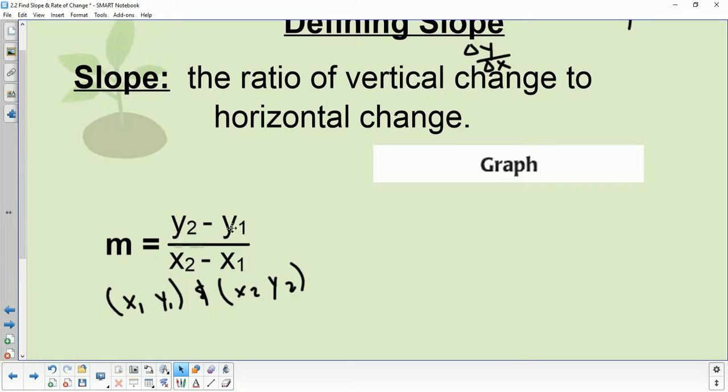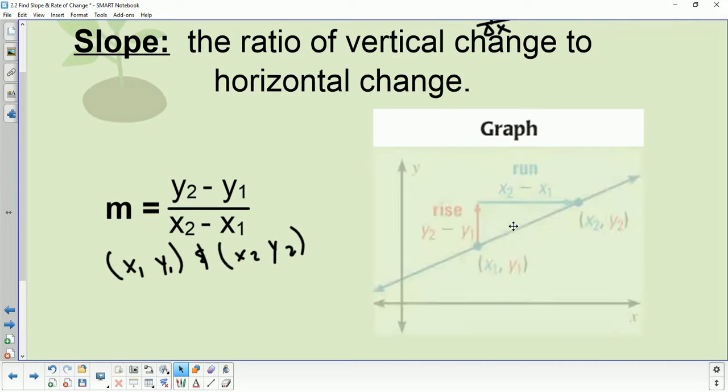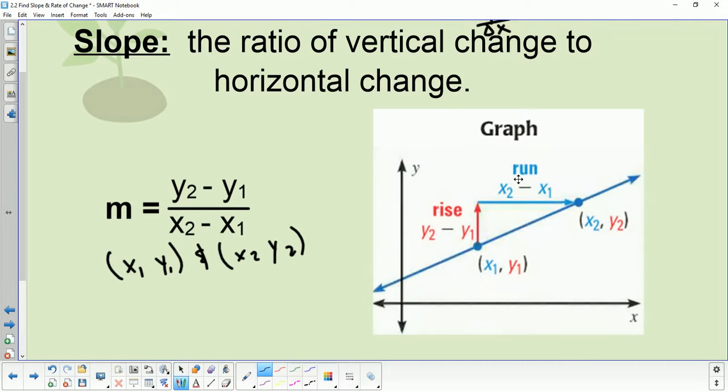Now, it doesn't really matter whether you put 1 or 2 first, as long as whichever point you start with is the point that you start with on both numerator and denominator. And then finally, graphically, another representation, and a big one that we use a lot, is rise over run. Okay, that's another definition.